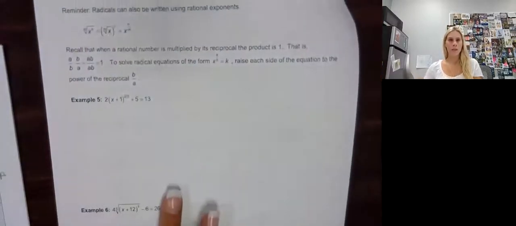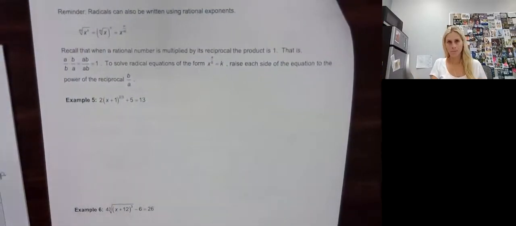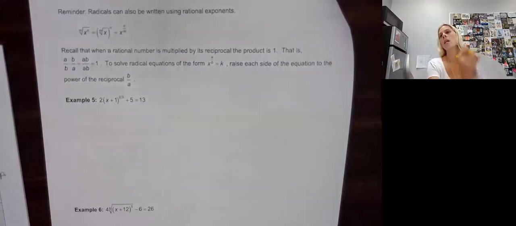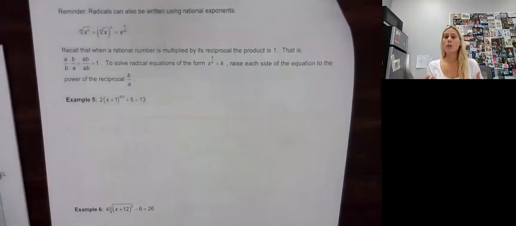All right, now let's practice some with rational exponents. Now, here is a rule or setup that you can use, but I tend to do them separately because I like to do some math in my head if I can, just to make sure I understand what's going on.